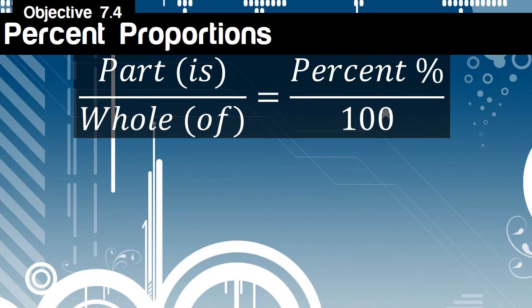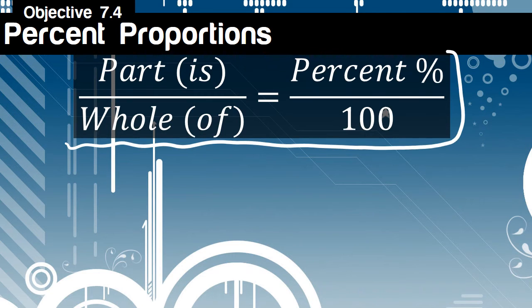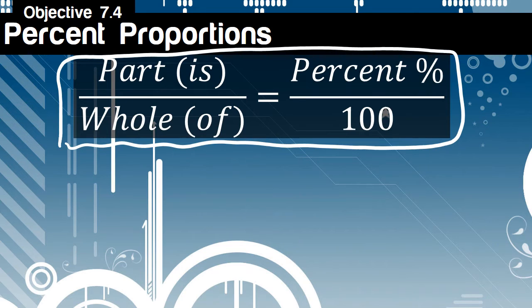In this edition of Mr. Peterson Presents, we're bringing to you a special type of proportion. We're talking about percent proportions. So in this, we're given some useful information here. The way we're going to set this up is you're going to be given a statement, and you're going to set it up like this.